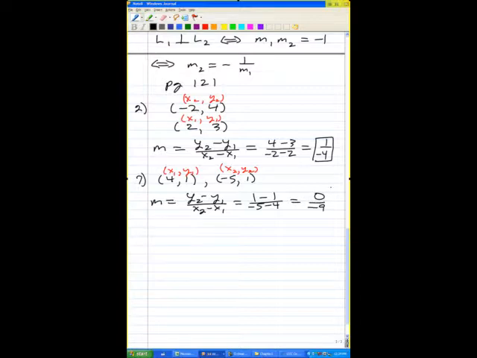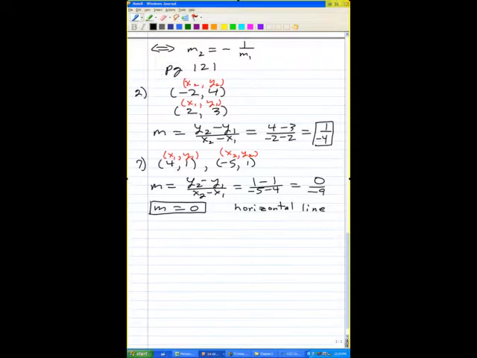Well, 0 divided by negative 9 is 0. So my slope is 0. It turns out that if I have a slope of 0, this is actually a horizontal line. Horizontal lines have slopes of 0. Any line having a slope of 0 will be a horizontal line.